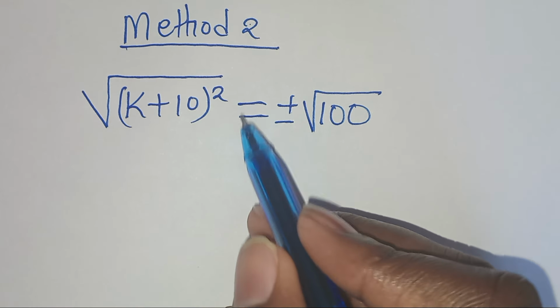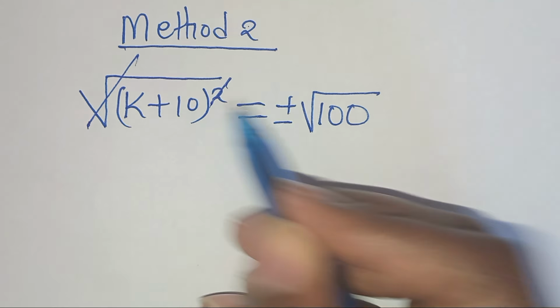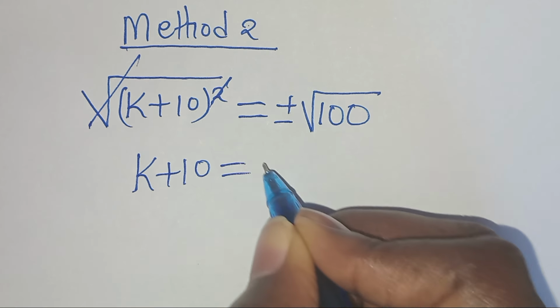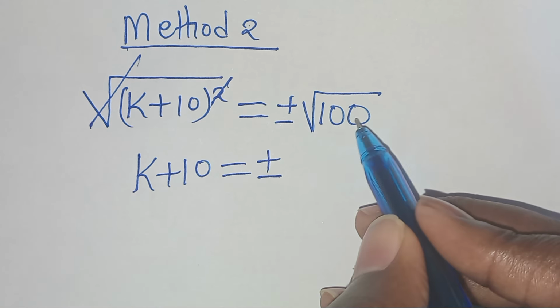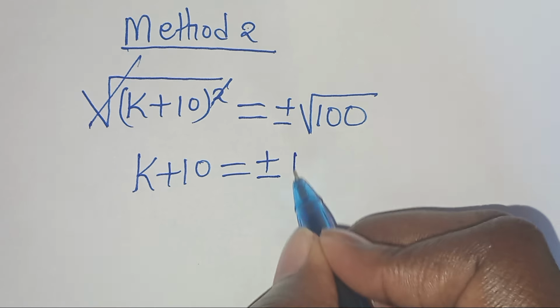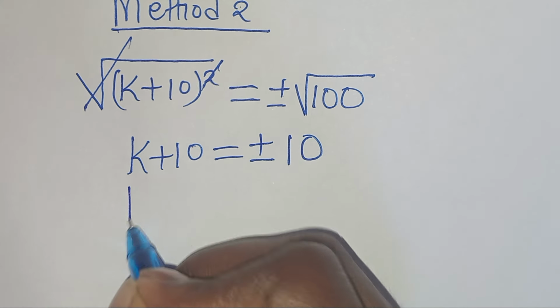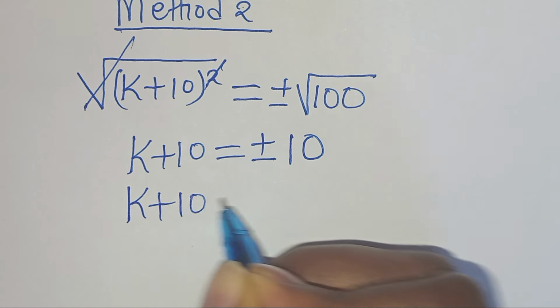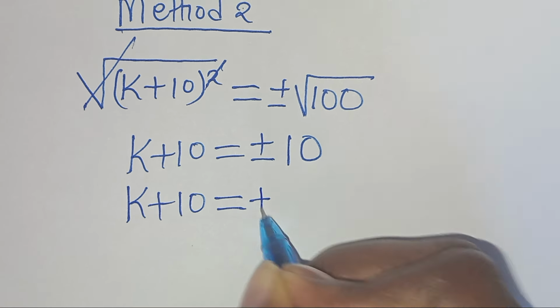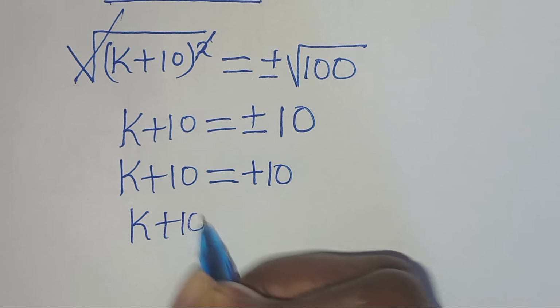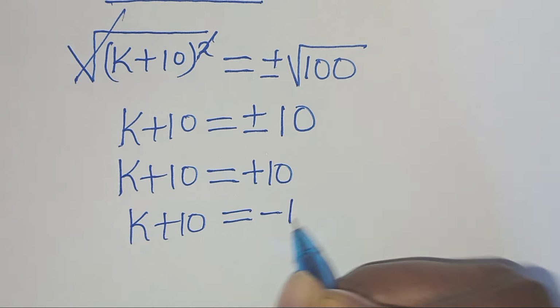Eliminating the square root sign, k + 10 equals plus or minus the square root of 100, which is 10. So we have k + 10 = +10 and k + 10 = -10.